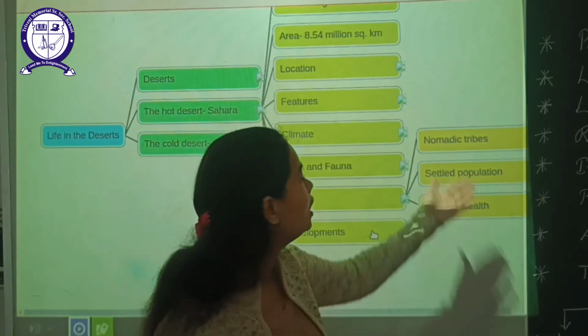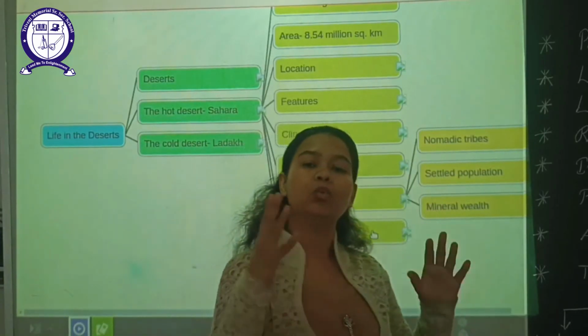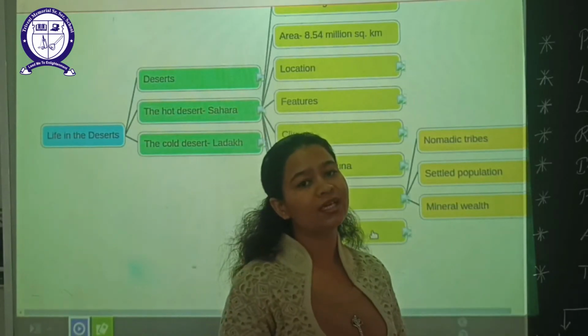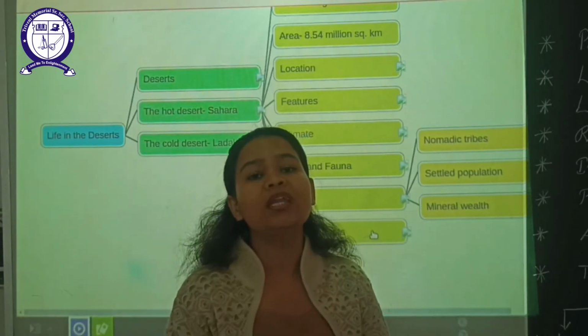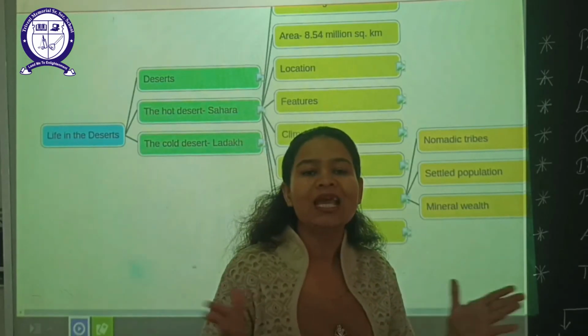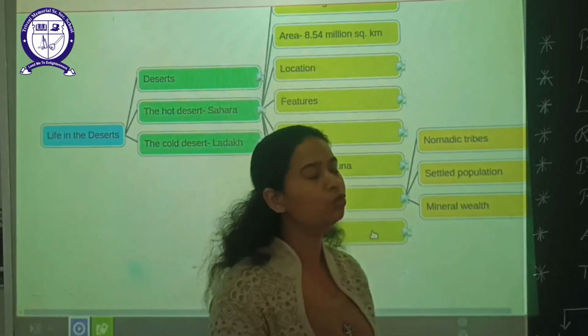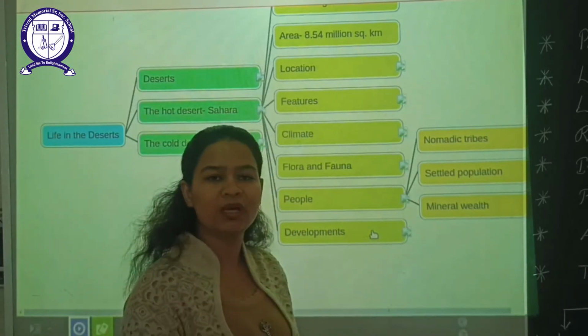Otherwise, mostly nomadic tribal groups are found here. And one of the most important things is that this desert is very important from the point of view of mineral wealth, as minerals are present in it in large quantity.